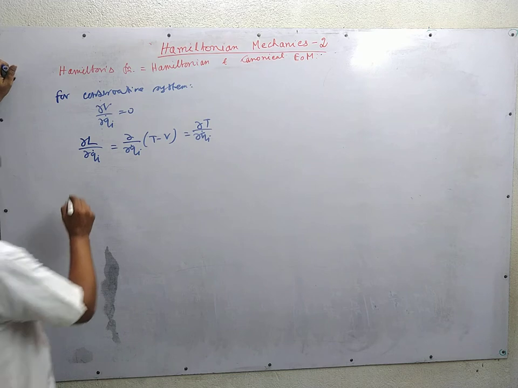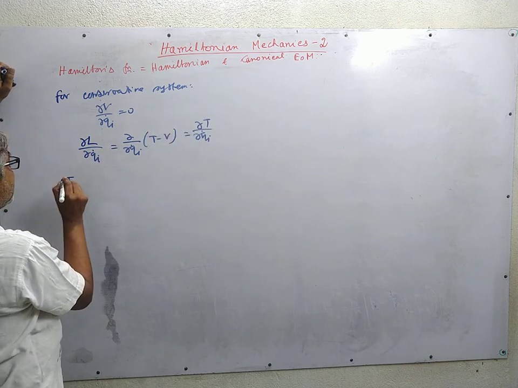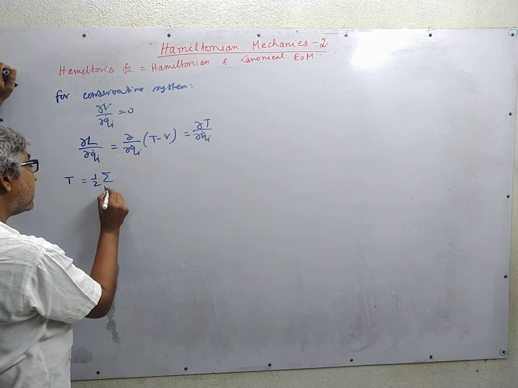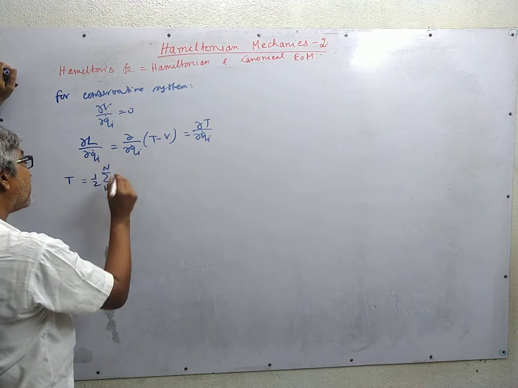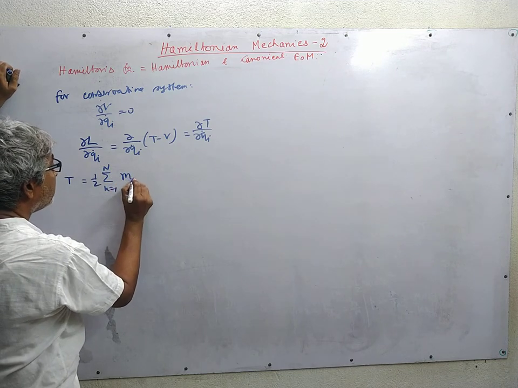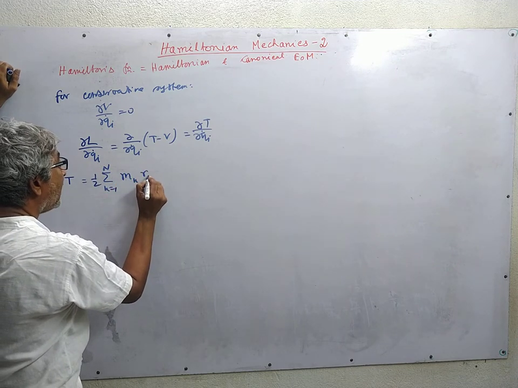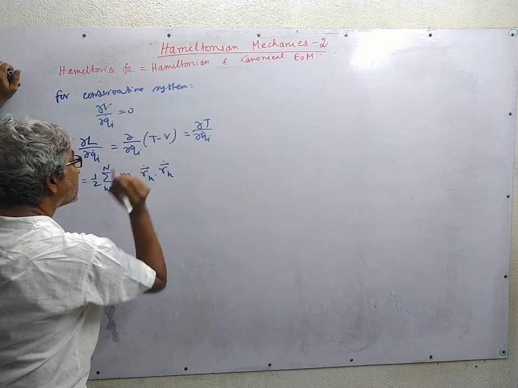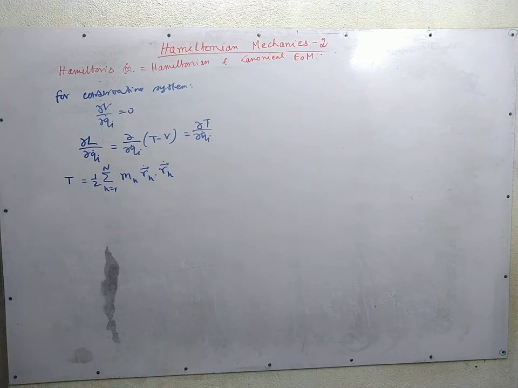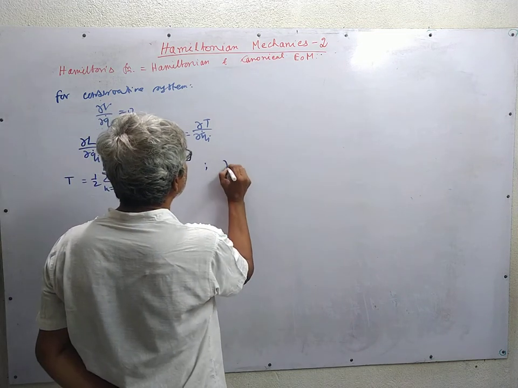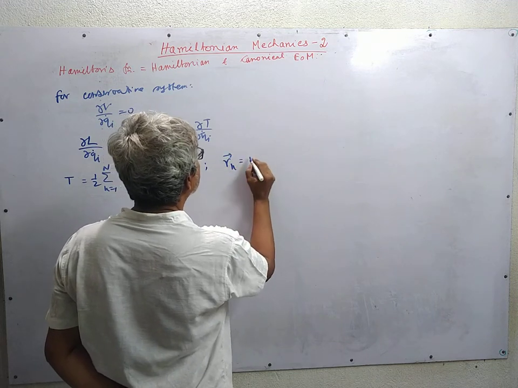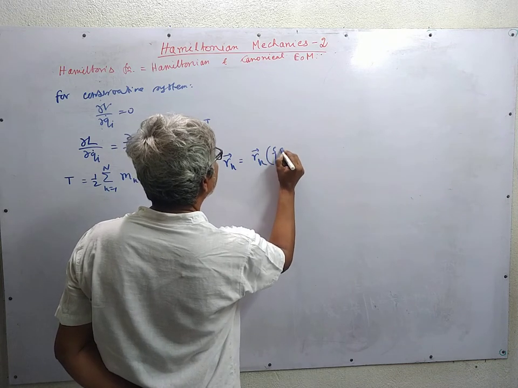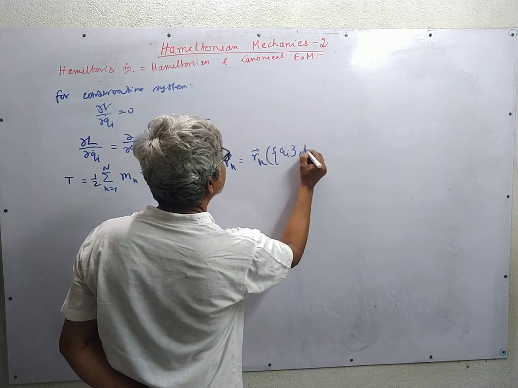Now T is the kinetic energy, which is defined as half summation over k equal to 1 to N, the number of particles, Mk Rk dot dot Rk dot, where the position vector Rk of the kth particle is actually a function of a set of generalized coordinates and of time.